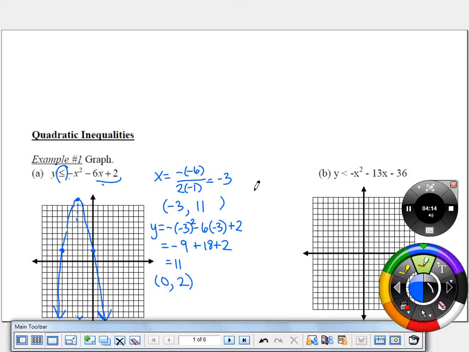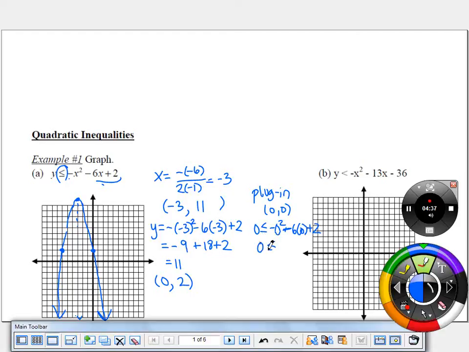Okay. So I'm going to plug in a point that is not on the boundary, but is clearly either within or outside the boundary, so I can test if the solutions lie in that area. I'm going to choose 0, 0, that is not on my boundary, so that's why it's my choice.